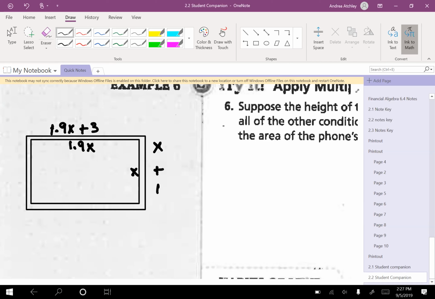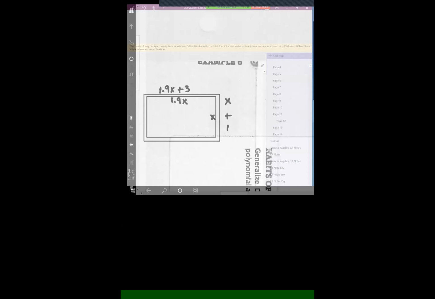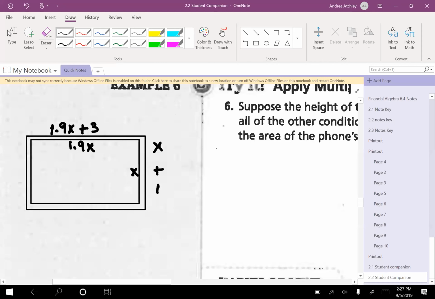Do I want to add the two pieces together? Or to find just these little inches between the sides, I'm going to do what?